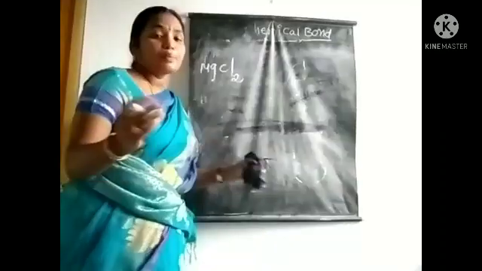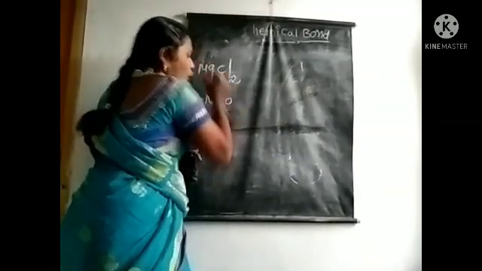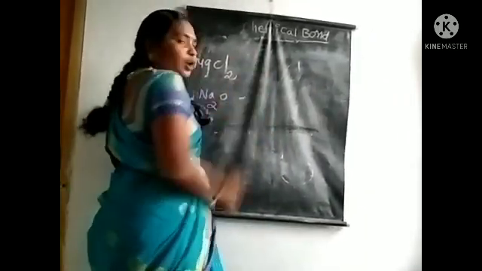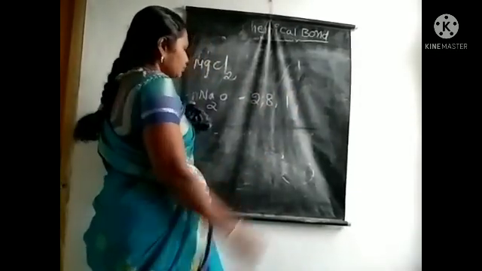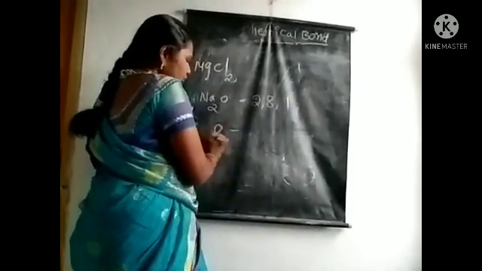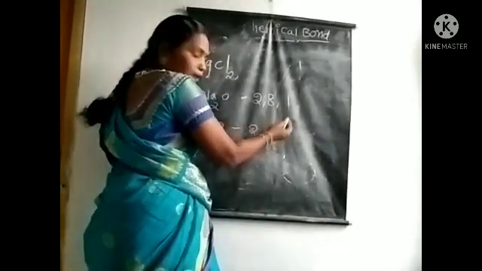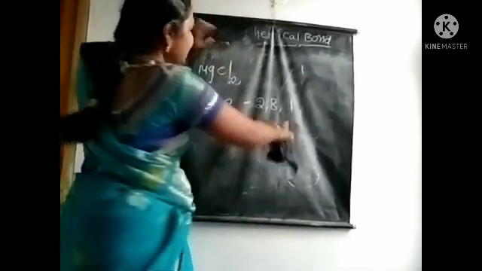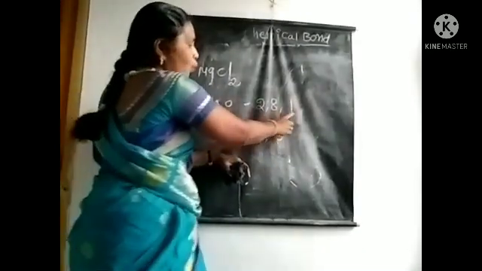Take another example for ionic bond, Na2O. Here sodium, already we learned, electronic configuration of sodium is 2, 8, 1. Oxygen is 2, 6. Here, observe children, sodium is ready to give one electron.